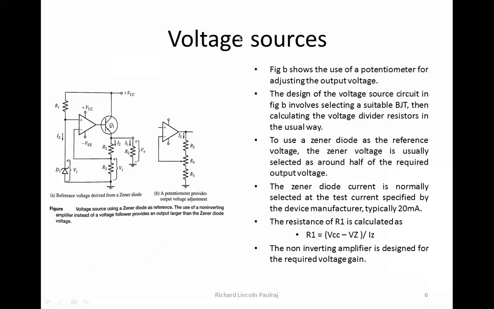So we have seen this voltage source, how the Zener diode plays an important role, and why we are using these BJT circuits, and we have R2, R3, and RL. BJT is very good in load driving capability; the load driving capability of BJTs is much higher.